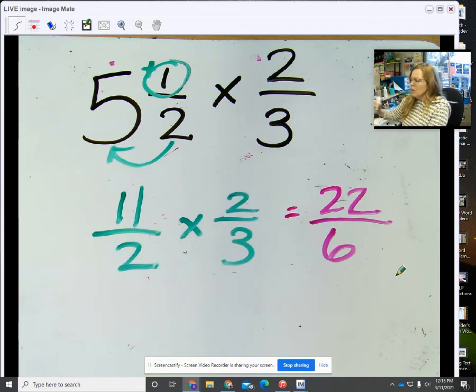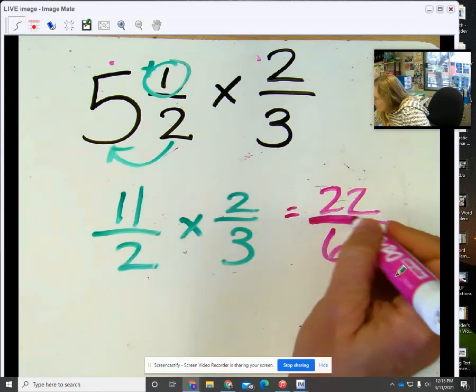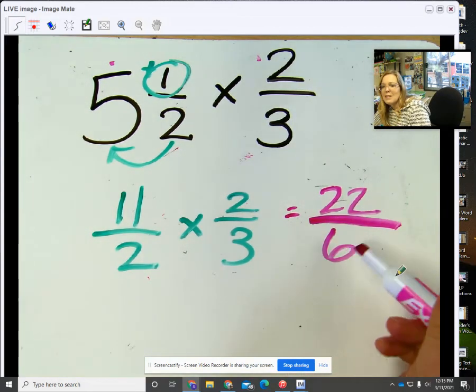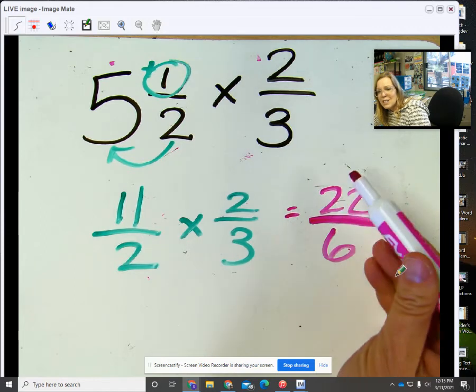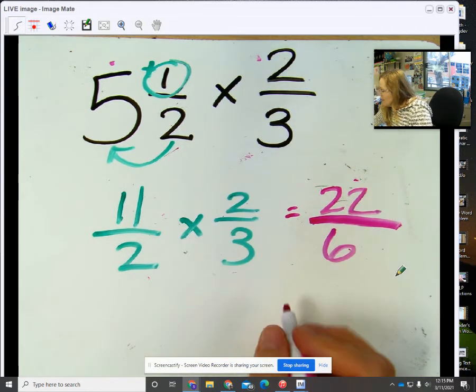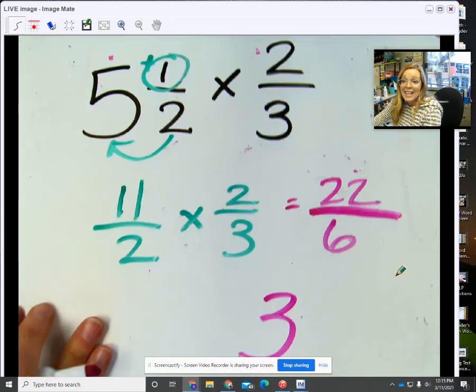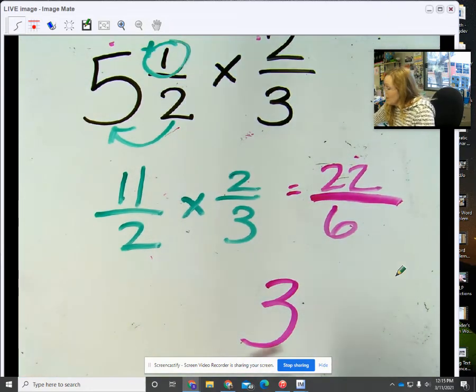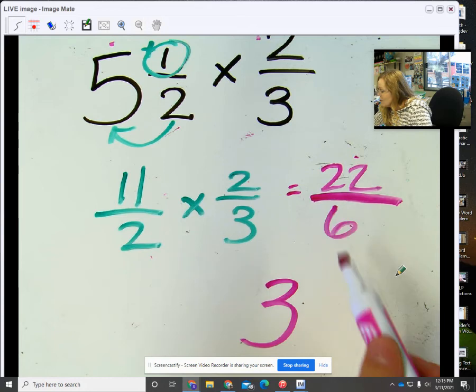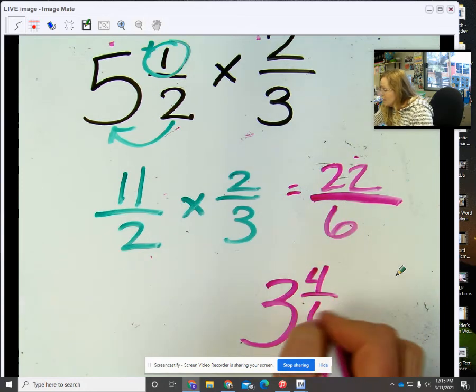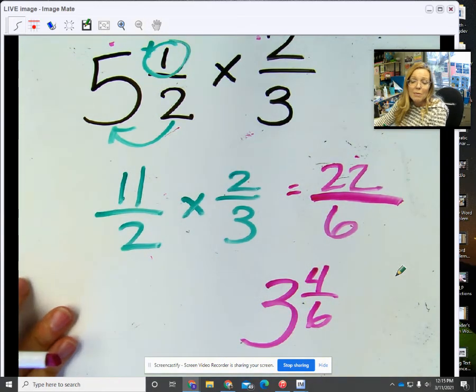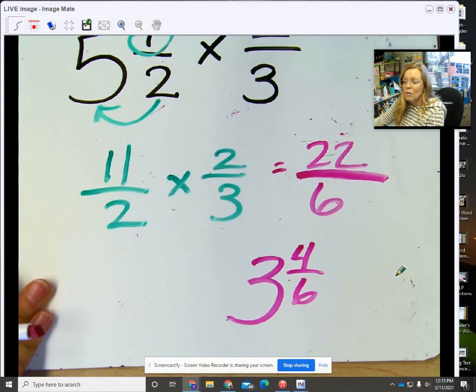So what do? Well, 22 divided by 6 is the same as asking how many times will 6 fit into 22. It'll fit in 3 times. That would give us 18. And the difference between 18 and 22 is 4/6. I know I can't leave that as my final answer. I have to reduce.